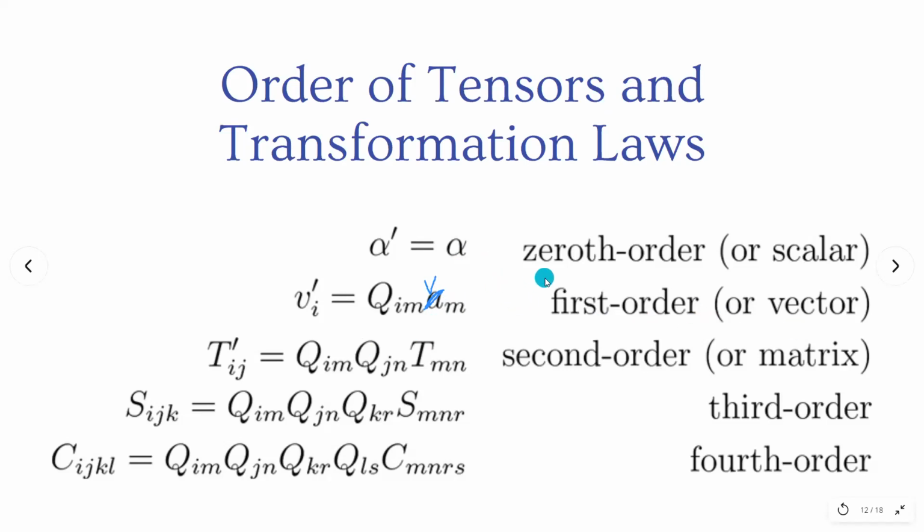So I want you to notice one thing here. Zeroth order. Para lang meron tayong common ground on things. Yung zeroth order or scalar, sabi dito, it doesn't change with the change of coordinates. Can you think of something, a physical quantity that doesn't change according to a coordinate?